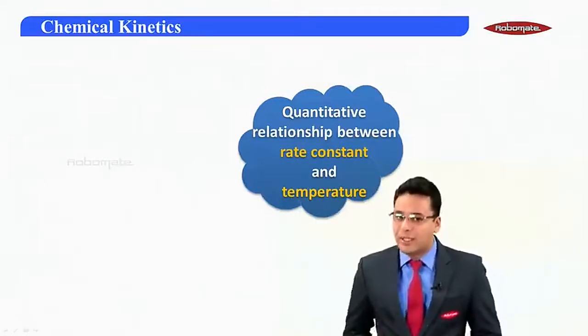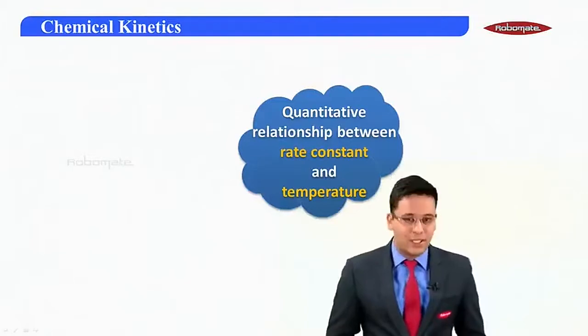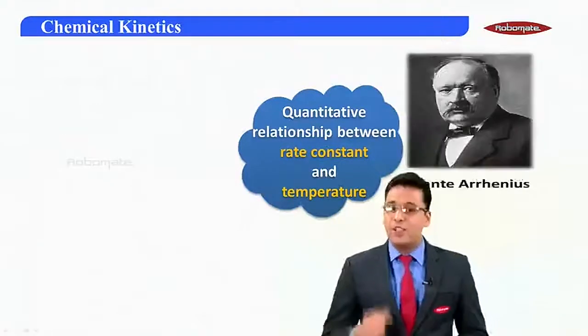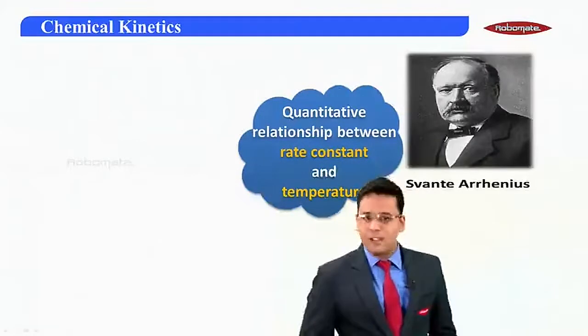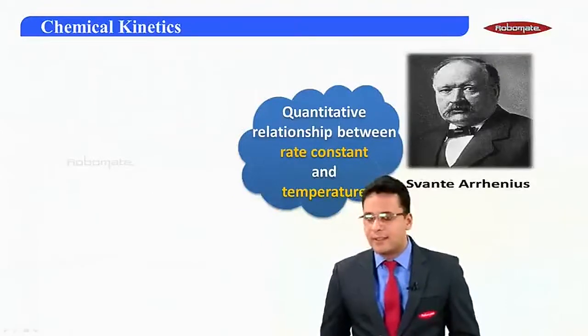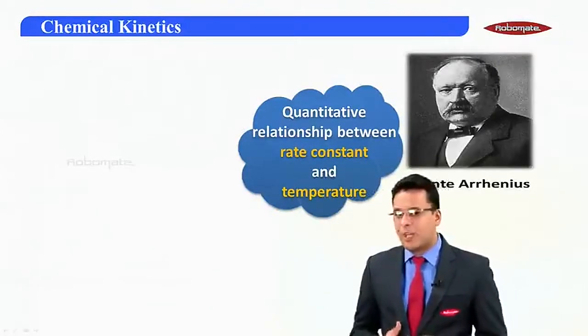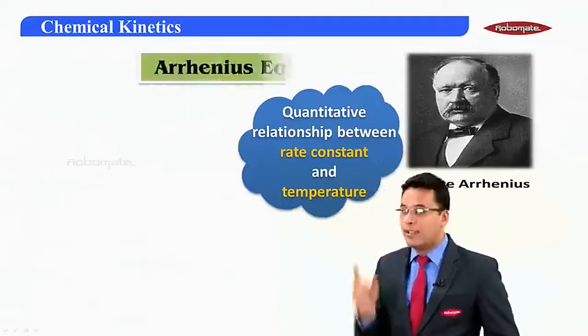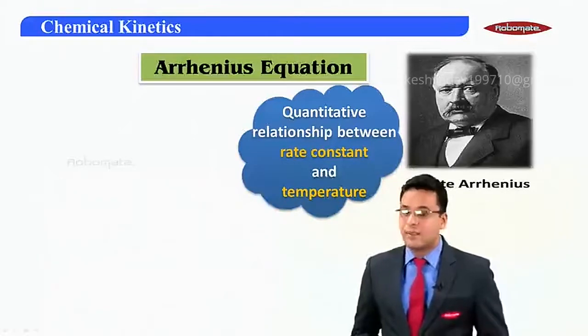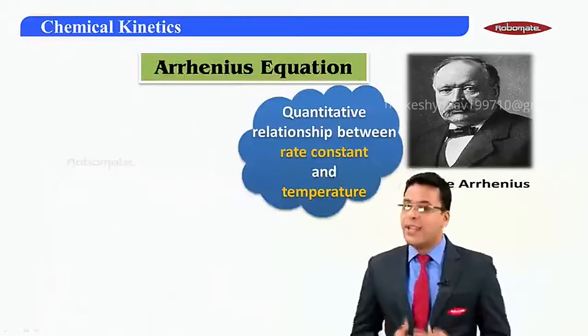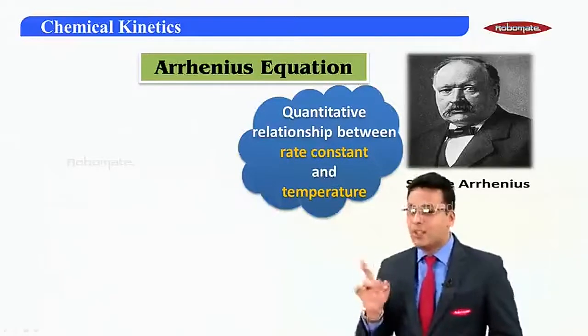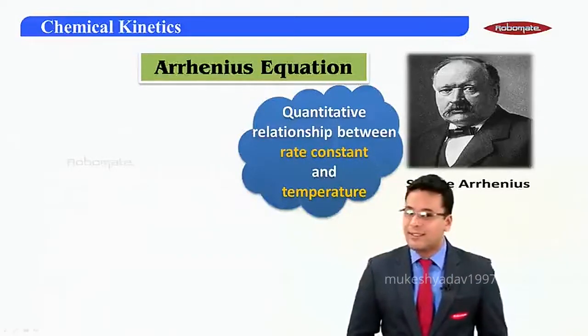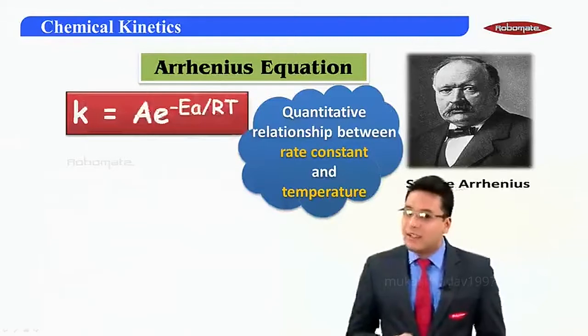Well, don't worry, this mathematical equation was given by this genius right behind me, Svante Arrhenius. He gave an equation which today is known as the Arrhenius equation, based on which we can get the relation between temperature and rate constant. Now this is that equation.